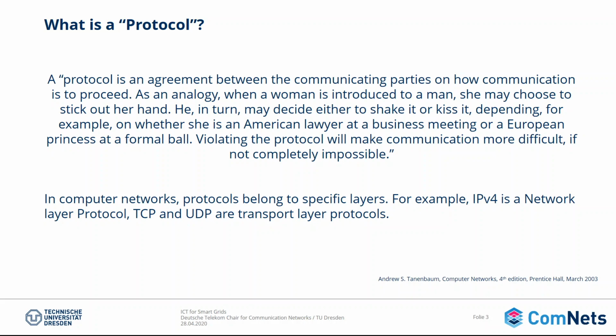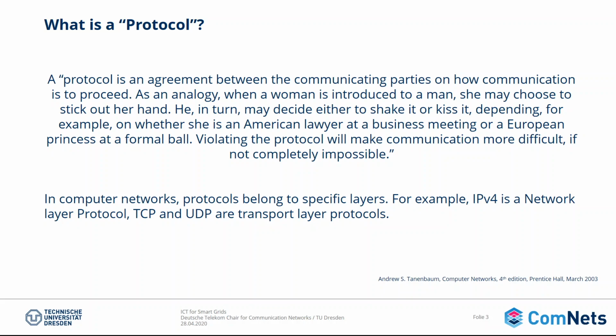Now, depending on where they are and the social setting, violating a specific protocol might make the communication much more difficult or actually impossible. So in computer networks, protocols work the same way. Two parties agree on a specific way of communication, and if one of these parties decides not to abide by these rules, then communication might be impossible.